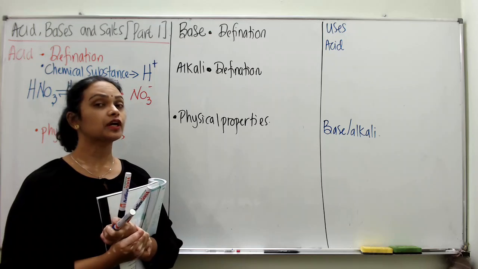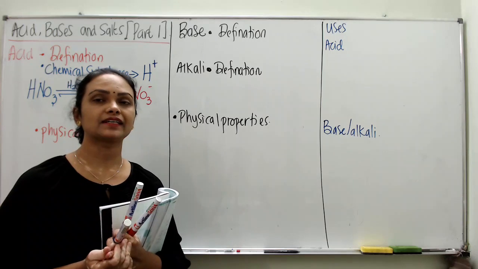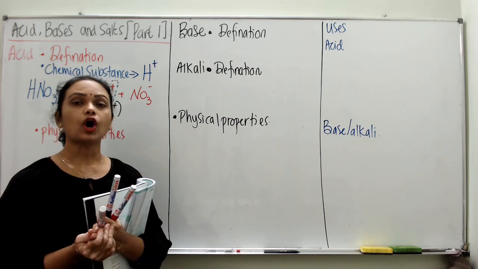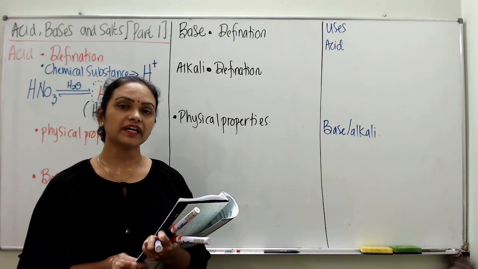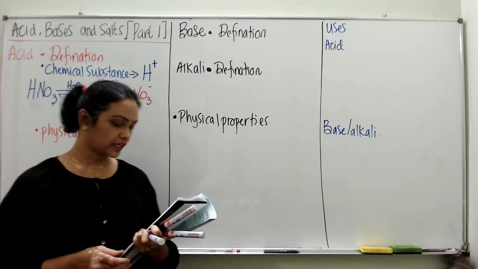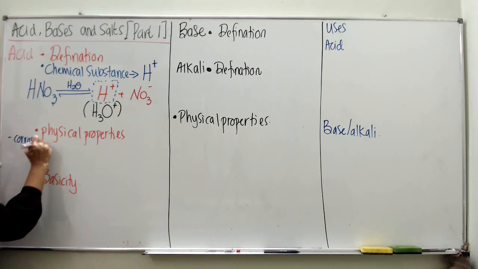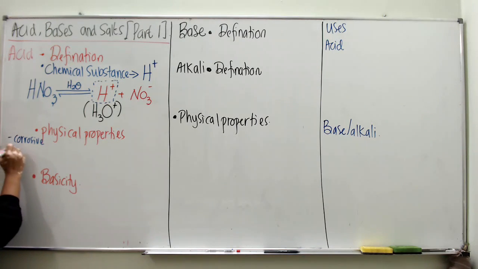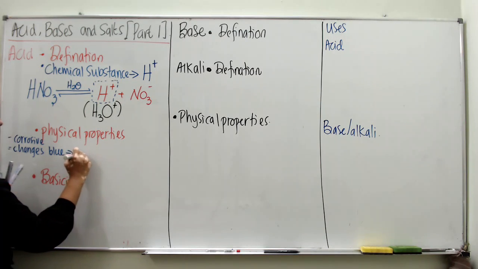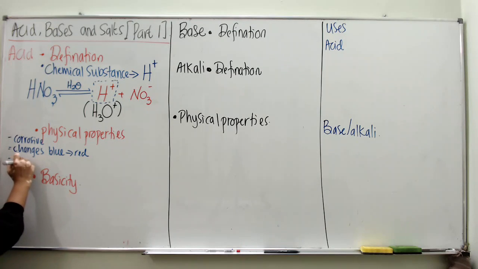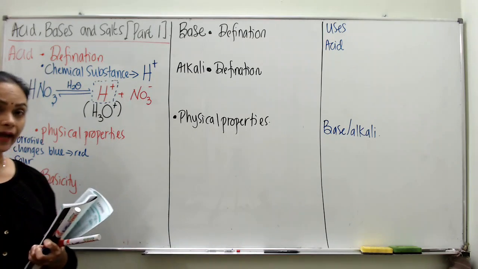As usual, the physical properties of acid: it tastes sour, pH lesser than 7, turns blue litmus paper into red, and is corrosive. It tastes sour and can conduct electricity in aqueous solution.